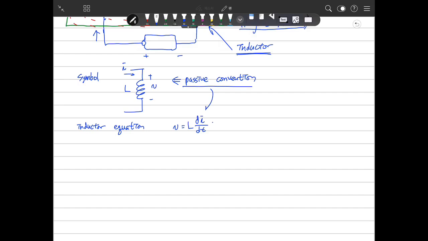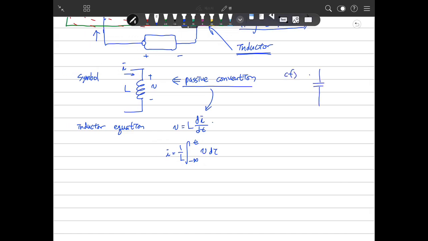You should use the passive convention here. In the same way, the integral form is i equals 1 over L, integral from minus infinity to t of V d tau. You need to check it.